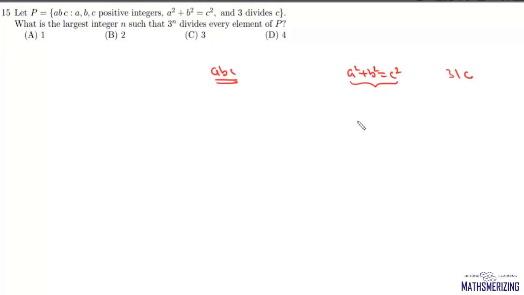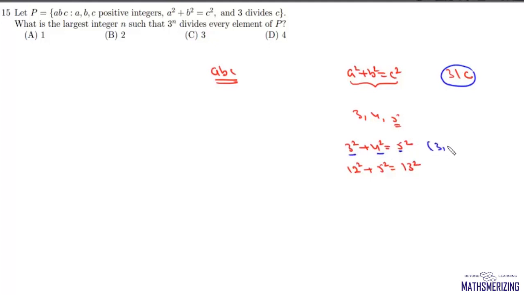Now if we consider any Pythagorean triplet, say 3, 4 and 5, then we can write 3 square plus 4 square equals 5 square. Or we can write 12 square plus 5 square equals 13 square. Now this last number C, it will be a multiple of 3 if and only if we multiply all these three numbers with 3.